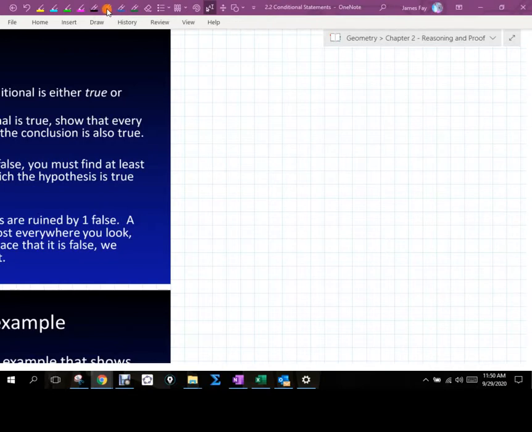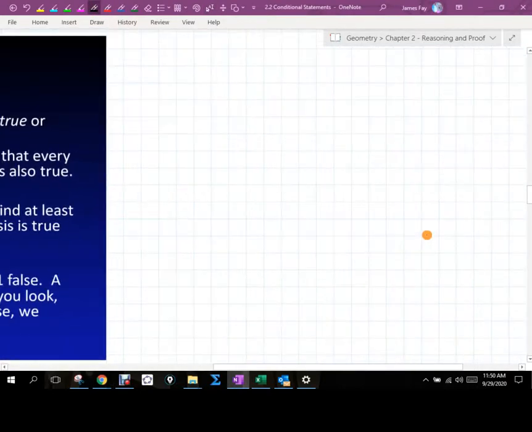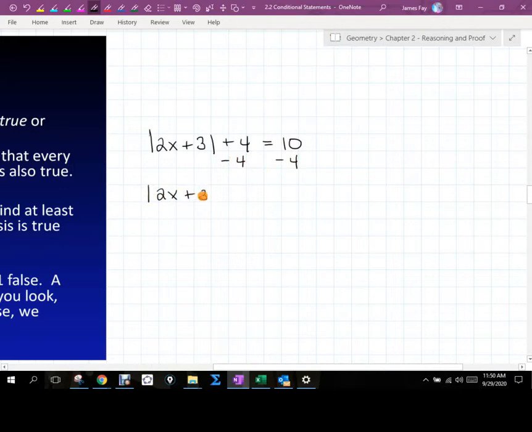If you remember back to Algebra 1, say I had the absolute value of 2x plus 3, plus 4, equals 10. Do you remember how to solve that? You subtract 4, and we get the absolute value of 2x plus 3 equals 6, right?